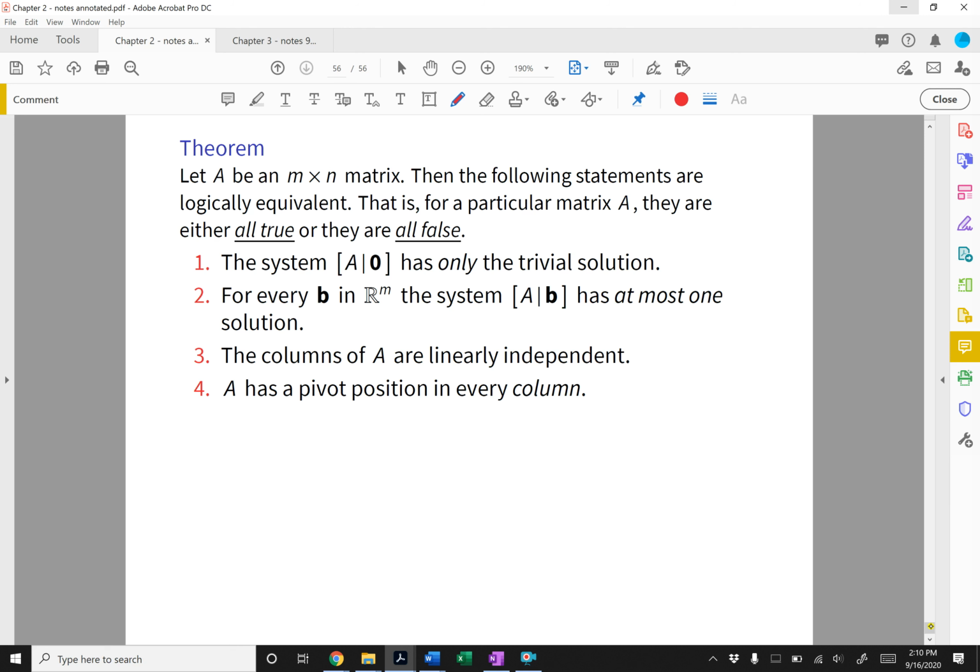For every b in Rm, the system A augmented with b has at most 1 solution. The columns of A are linearly independent, and A has a pivot position in every column. So once you know one of those, you know all of the other ones. And this is usually the method we use to figure out the other ones.